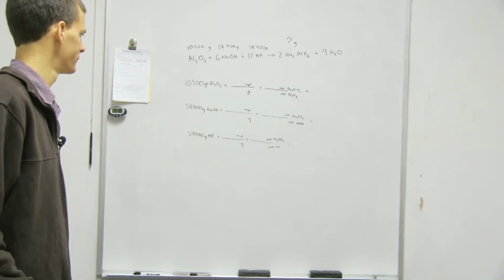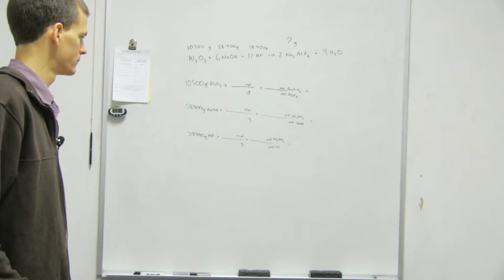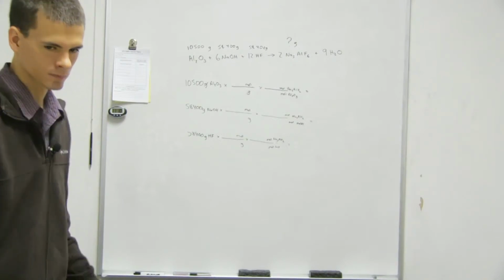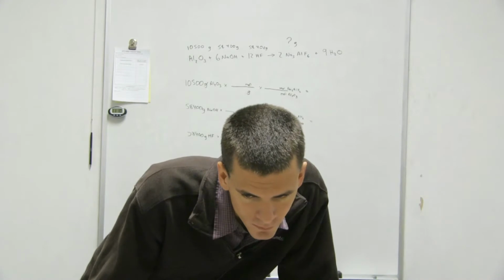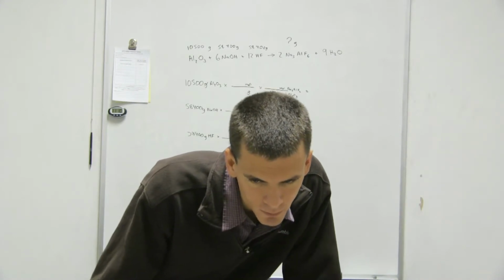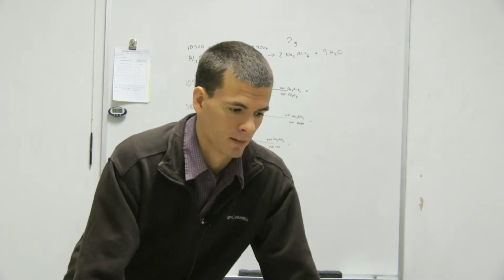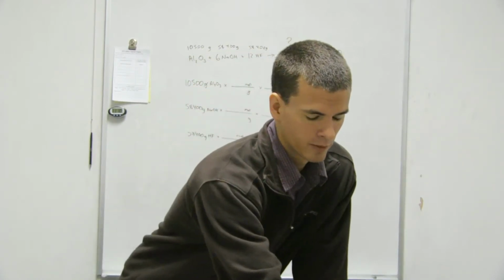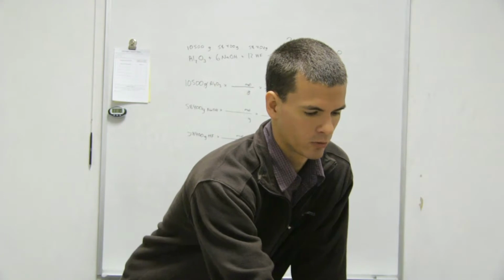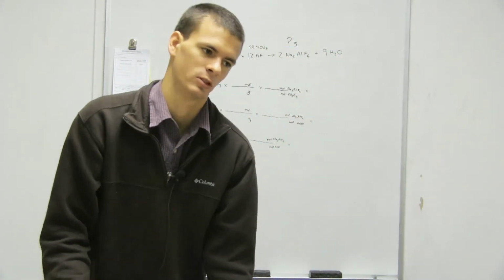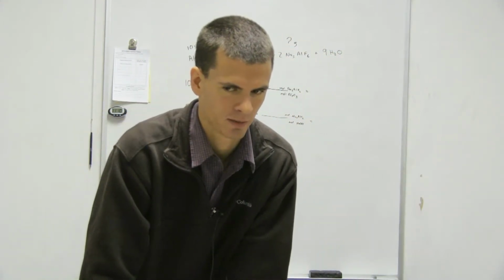Yeah, okay. So that's the answer then? Yeah, just the smallest one. That would give us moles though, so then we just need to go from moles to grams, and then divide by 1,000 to get kilograms. Okay.